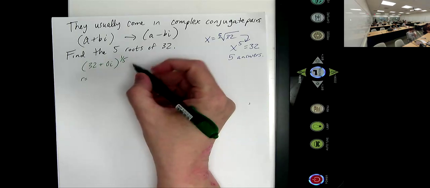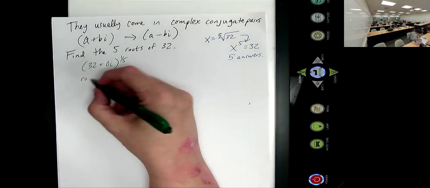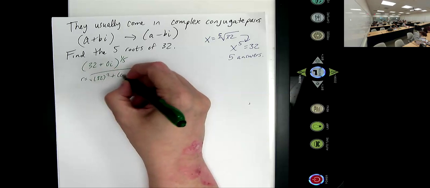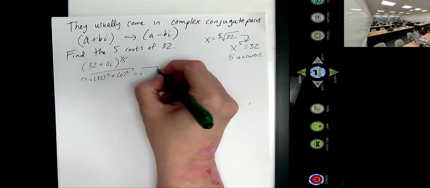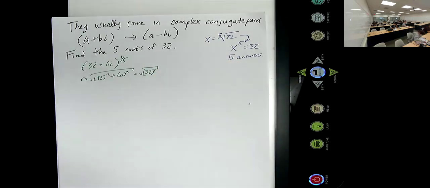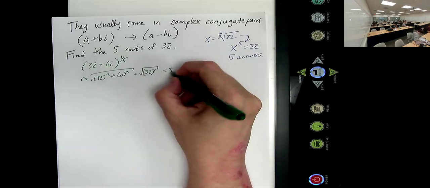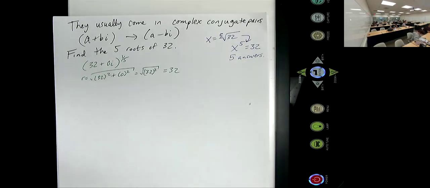So r is the square root of 32 squared plus 0 squared. I'm not gonna square that, I'm just gonna show that it's the square root of something squared, which just gives me 32. Now, if you wanna be an overachiever, 32 squared has to be near 1,000 something.